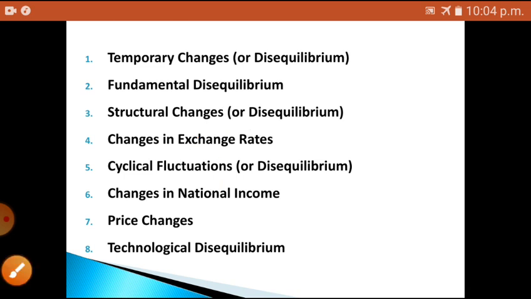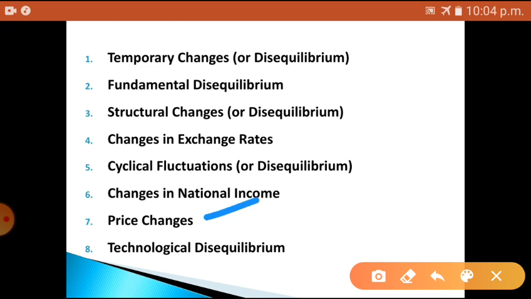The 7th point is price changes. Inflation or deflation is another cause of disequilibrium in the BOP.